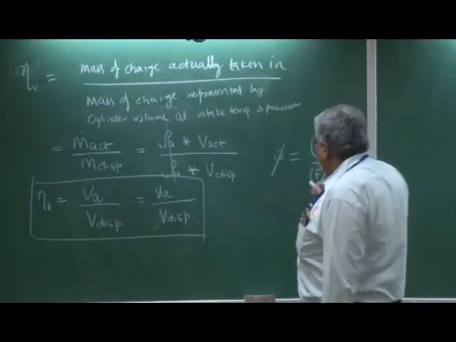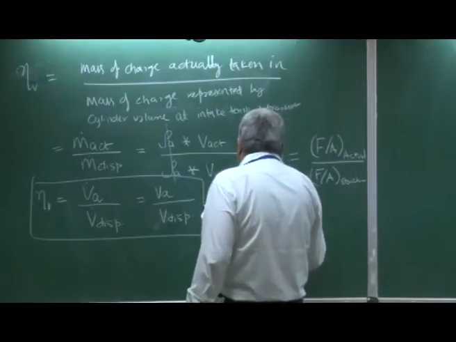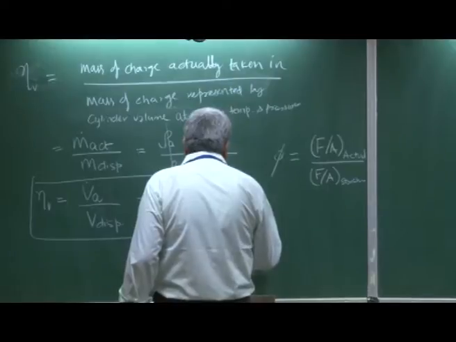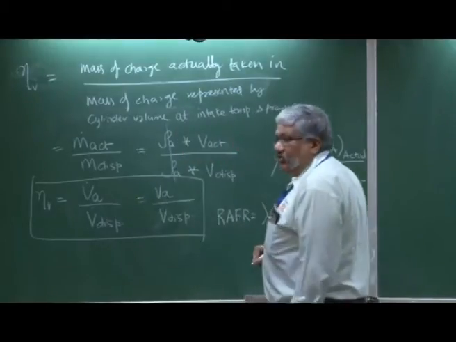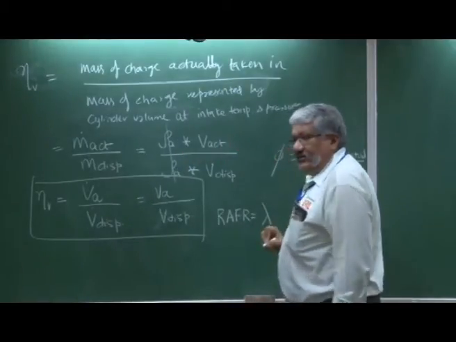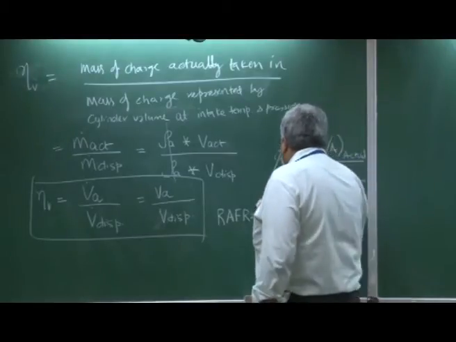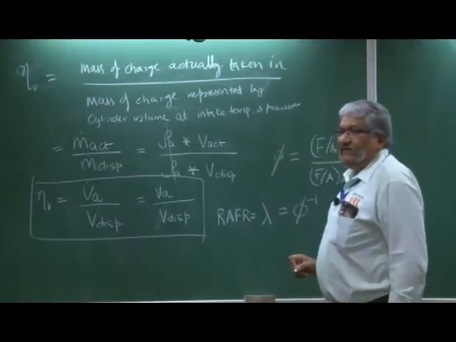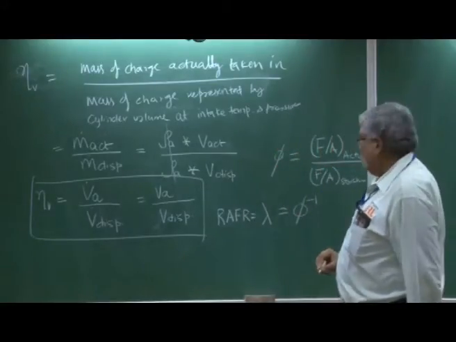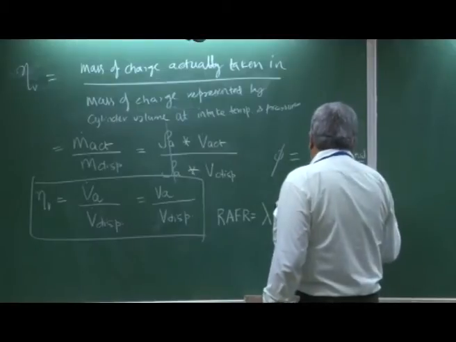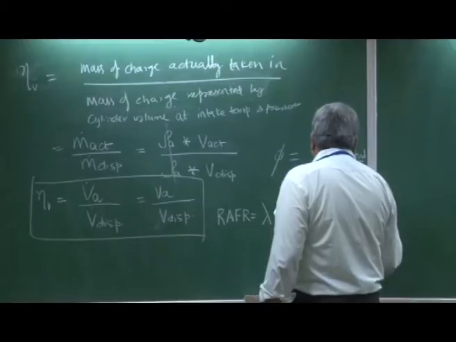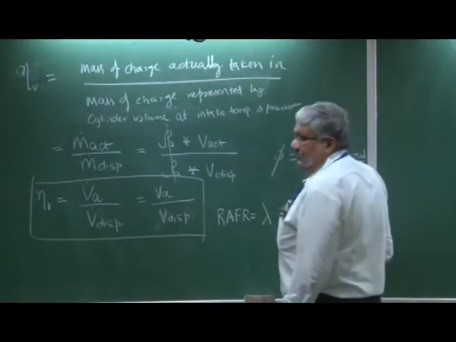Okay. There is another parameter called relative air fuel ratio. This is represented by lambda, and this is also very frequently used. This is nothing but the inverse of phi, the equivalence ratio, and this is defined as air to fuel ratio actual divided by air to fuel ratio stoichiometric.